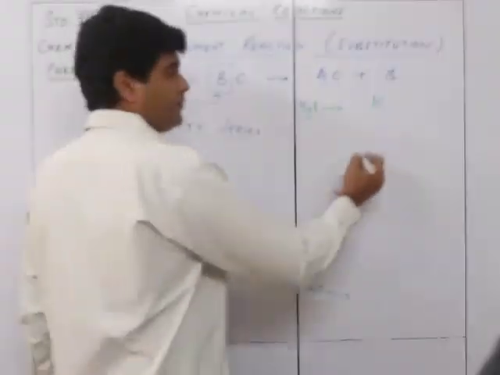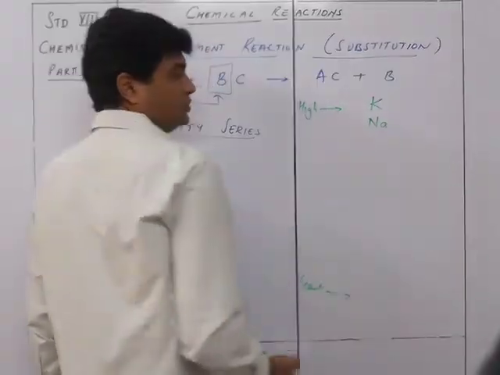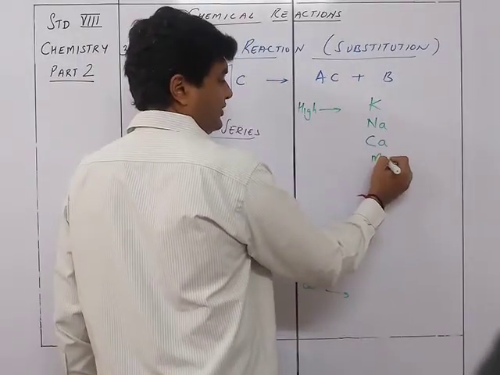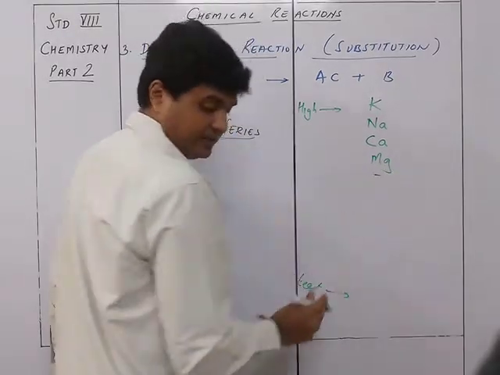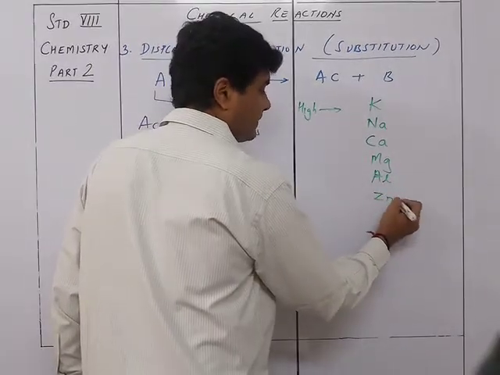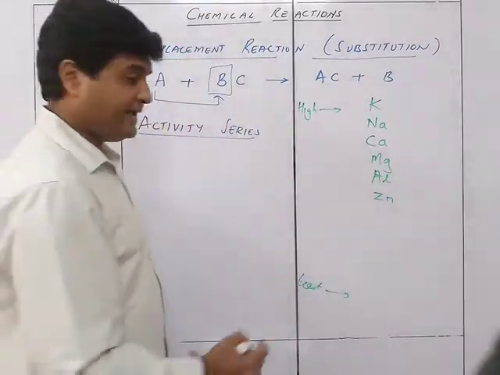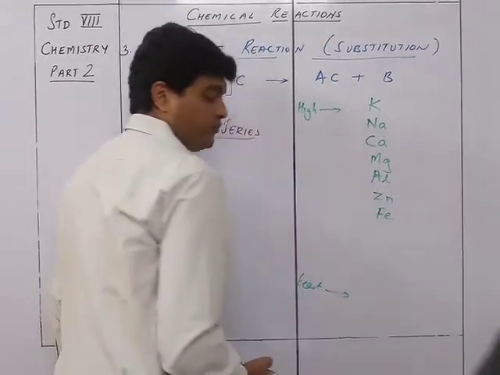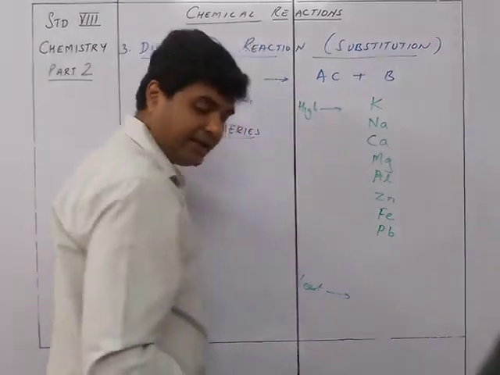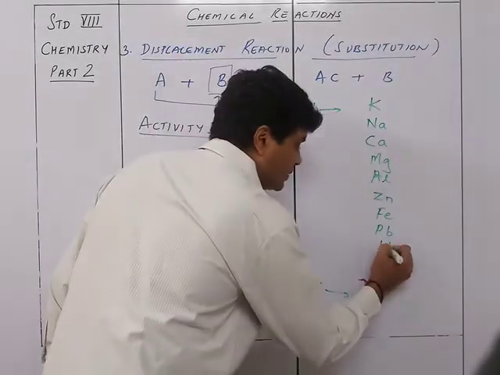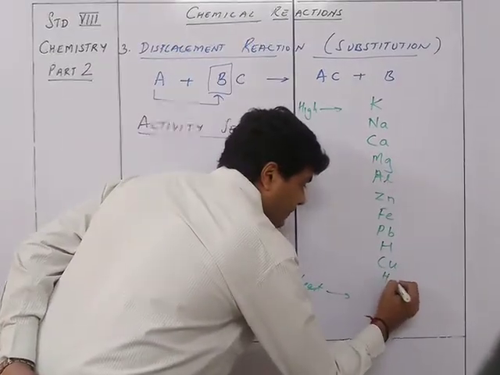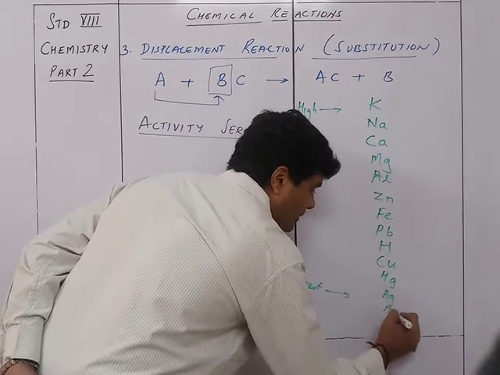Okay, potassium, then sodium, okay, उसके बाद calcium, magnesium, okay, then aluminium, zinc, okay, Fe, there's iron, Pb, which is lead, then comes hydrogen, copper, mercury, silver, gold, platinum.